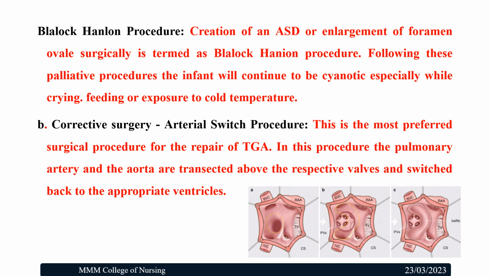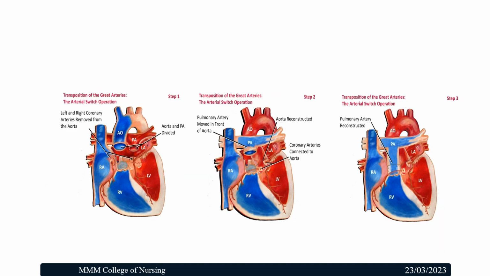So the defect is directly resected and corrected. In our hospital, you can witness babies undergoing this kind of surgery. Yes, and the baby is recovering very nicely. So in this picture, you can see the transposition of great arteries.